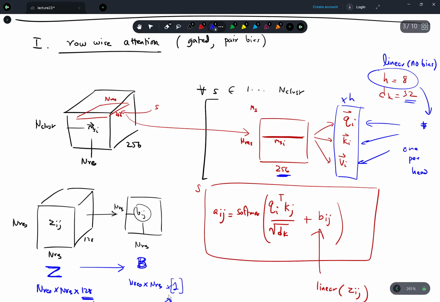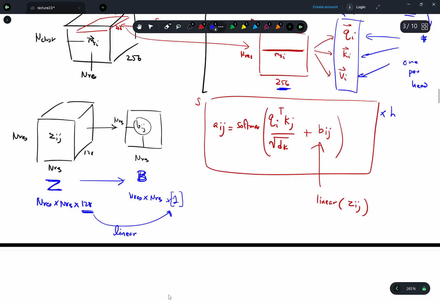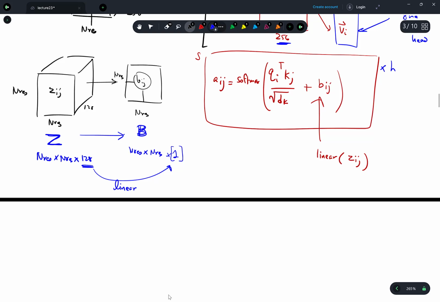So for a given sequence, there are attentions, and this whole plane is cross H, okay? That means there is Aij head 1, Aij head 2, and so on. In terms of matrices, you can think of these as the A matrices. There are actually 8 different A matrices. This is just showing you what happens to each element of that matrix. So this is technically just A, and this is cross H, okay?